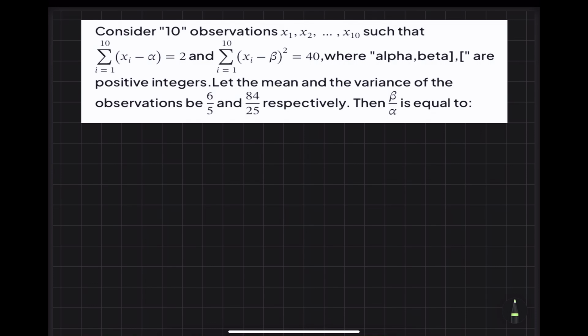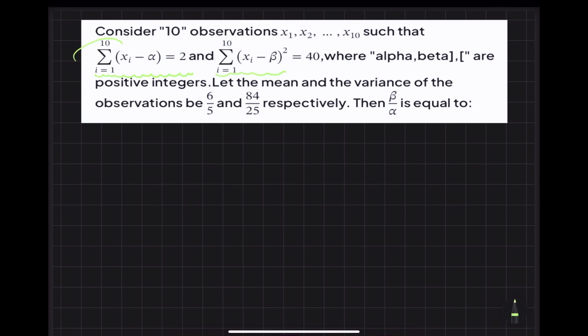So, we got a wholesome new problem which says: consider 10 observations x1, x2, x3, ..., x10. Summation i from 1 to 10 of (xi minus alpha), and summation of (xi minus beta). Oh, this is a beautiful question.